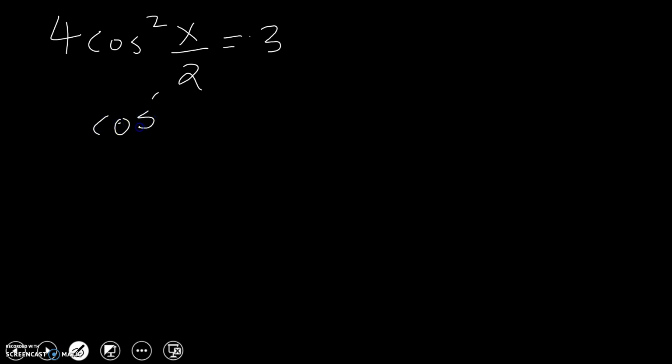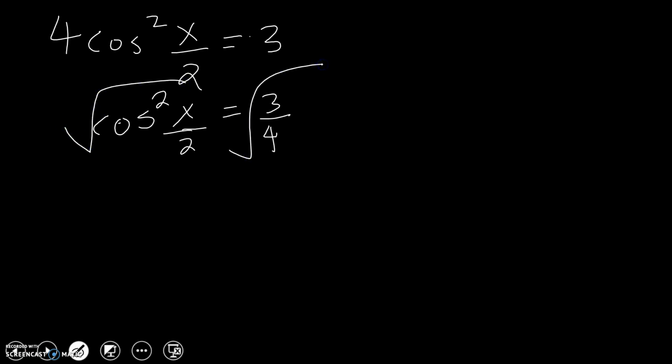So you get cosine squared x over 2 equals 3 over 4. Now you need to take the square root of cosine squared x over 2. So cosine x over 2 will give you root 3 over 2.